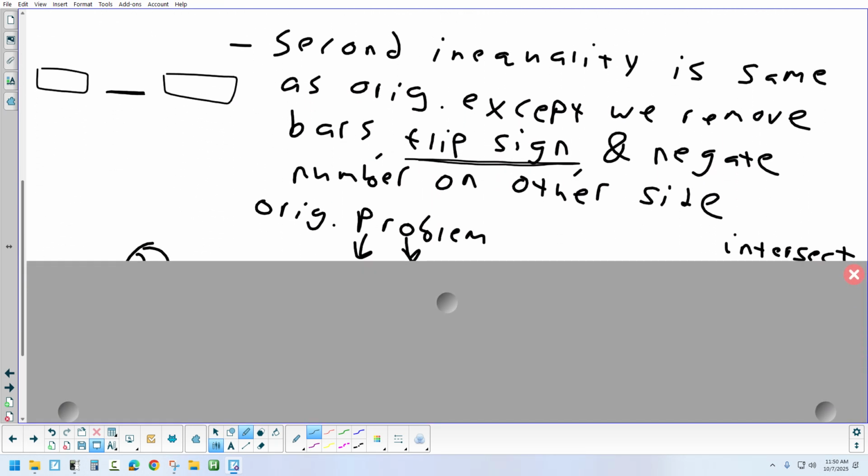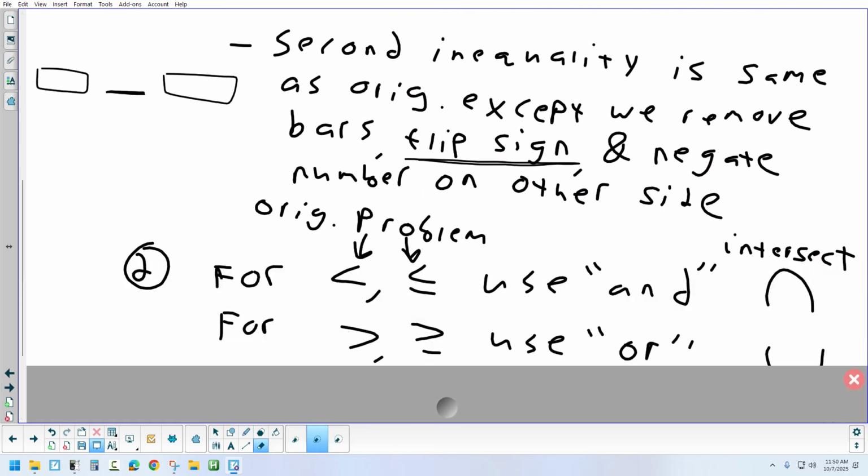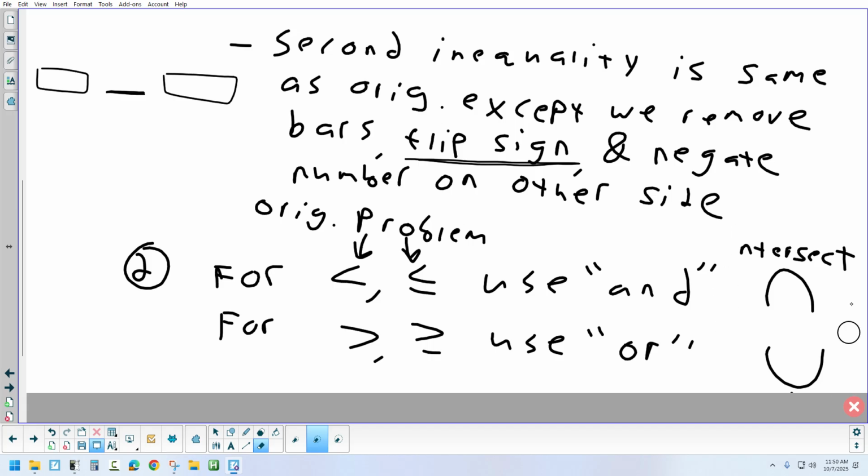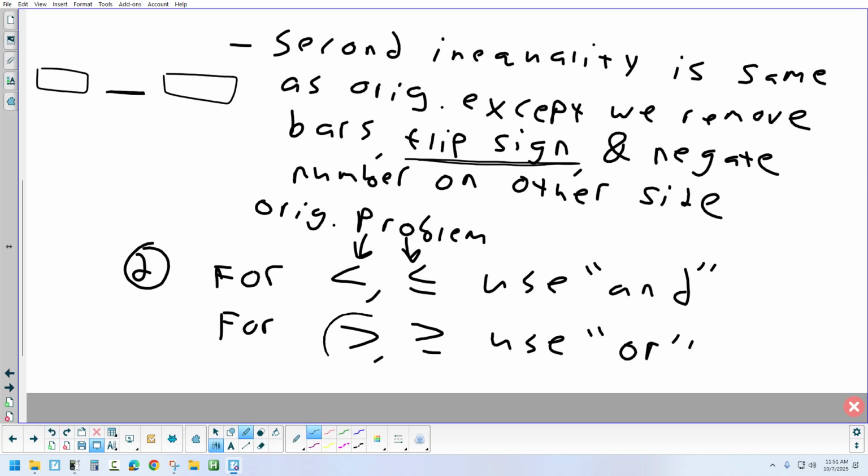If the original symbol is a less than or a less than or equal to, then you have to put the word and. If the original problem had a greater than or greater than or equal to, then you have to put the word or. And the way I remember it, how do you pronounce this symbol again?